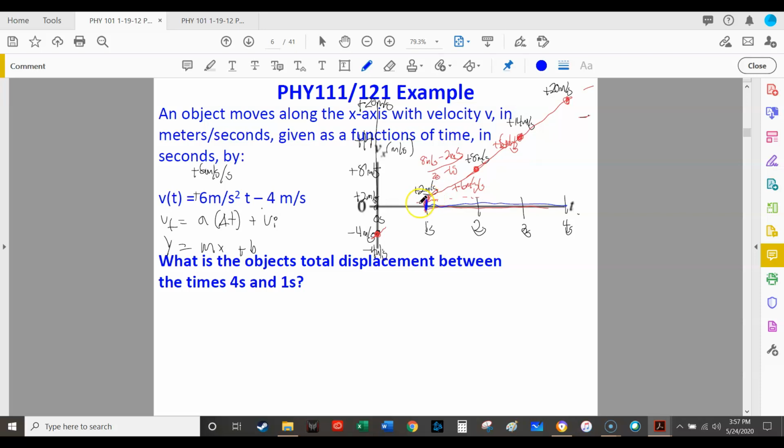So the displacement, it starts off at the 2 meter per second mark at time 1 second, and then it gets all the way to the 4 second mark. So this sucker is rising. It starts off here at the positive 2 meter per second mark and ends up at the positive 20 meter per second mark. So it's going to rise a total of 18 meters per second.